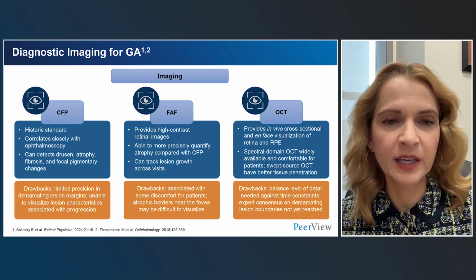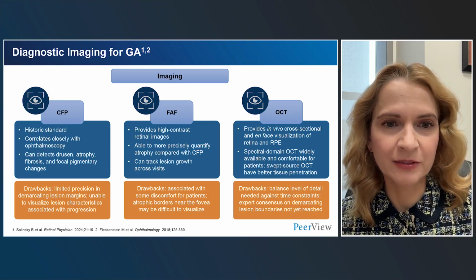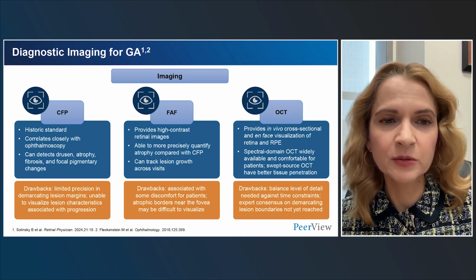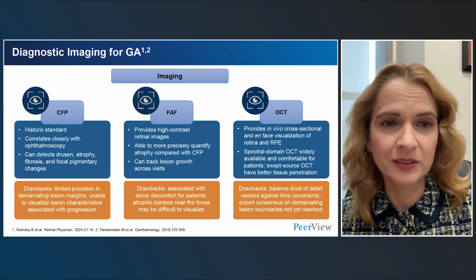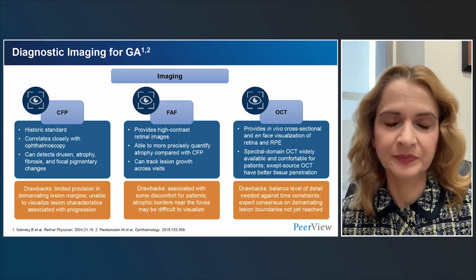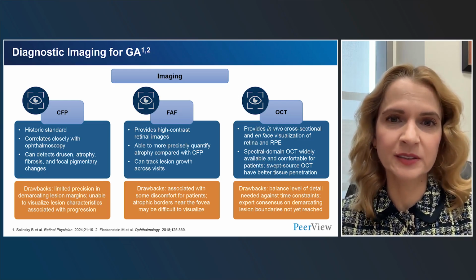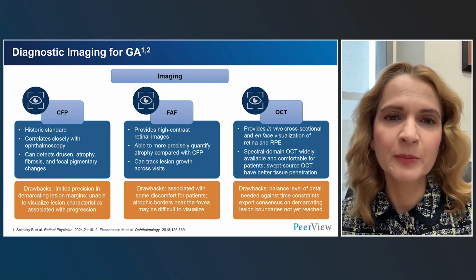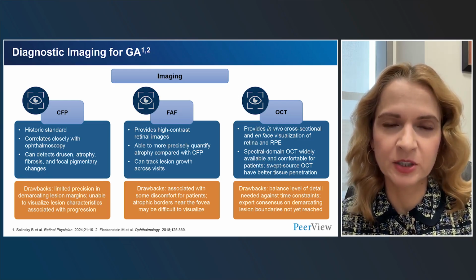They often can be hazy or they could be masked by light fundus. It is unable to visualize many lesion characteristics associated with progressive disease. So we need better imaging to further characterize GA. Fundus autofluorescence is fulfilling this need by providing high contrast retinal images.